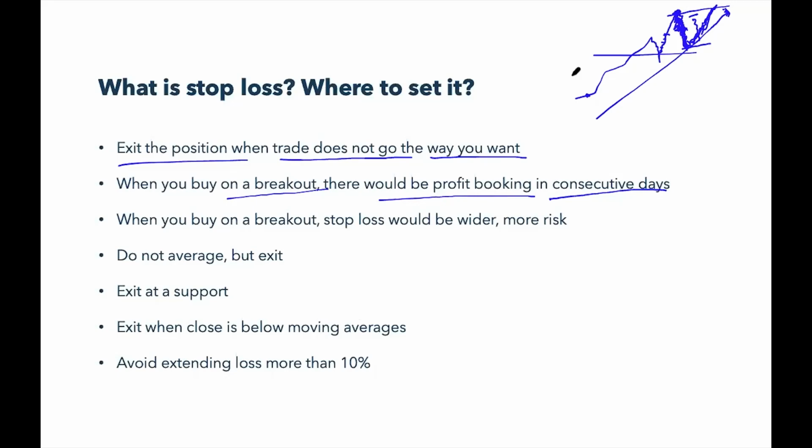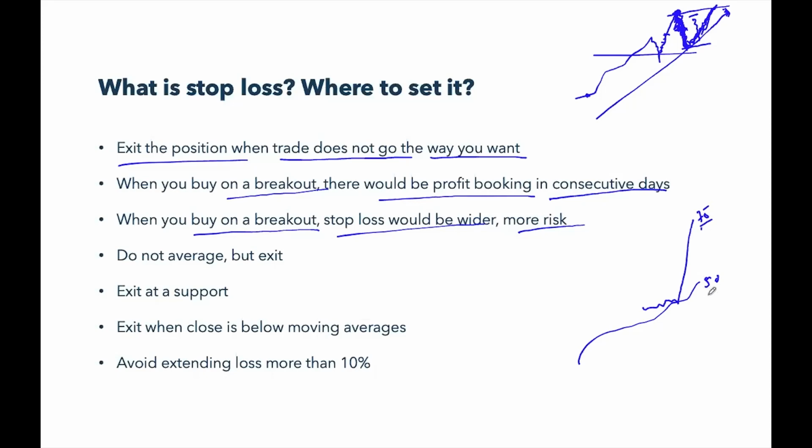So when you buy on a breakout, the stop loss would be wider and it will carry more risk. Let's say you have a moving average with a value of 50 rupees, and your stock comes here and gives a very strong breakout. Now the stock price is sitting at 75 rupees, and your moving average is at 50 rupees.